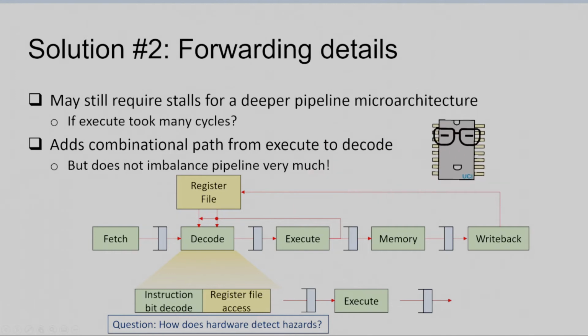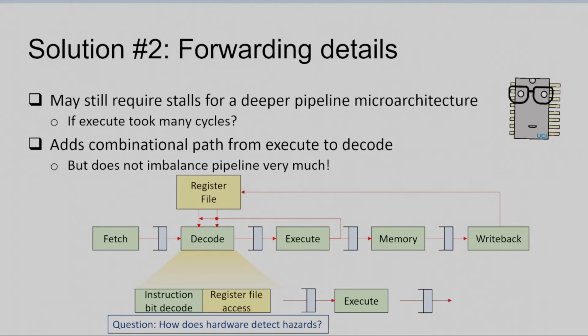But it is true that it does help. It absolutely helps in many cases. But it may still require stalls for a deeper pipeline microarchitecture. For example, if execute takes many, many cycles, for example if you want to have integer division, or even worse, floating point division inside the execute stage, we're most likely not going to be doing that within a single cycle, because that's a very, very long combinational path.